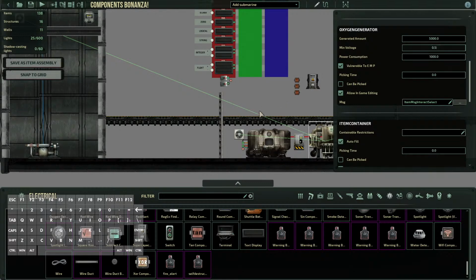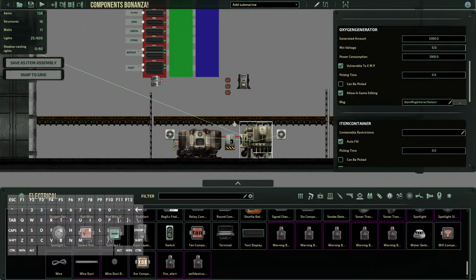So if you have 3 of these oxygen generators, you would have a total draw of 3,000. And as the power fluctuates from the reactor, let's say it drops to 1,500, the oxygen generators are sharing the power equally, so they would all go offline at the same time, if that makes any sense.